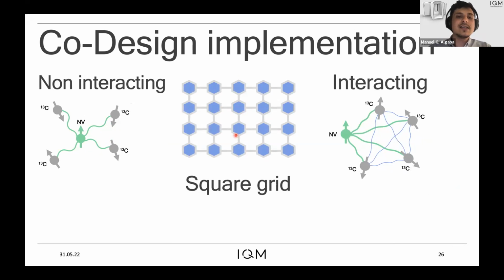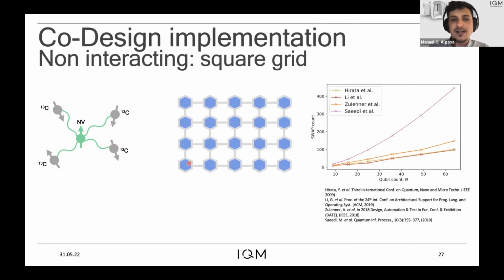And if we want to simulate, for example, the non-interacting problem on the square grid, first of all, you will need to solve the swap routing problem. What is this? If you have a qubit here and you need to make it interact with this qubit, of course, you need to swap this one here, and now you can make them interact. But this is easy when you have two qubits and one interaction. If you have a lot of qubits with lots of interactions, then how do you optimize the depth and the number of gates so you can still do this computation on your quantum computer?